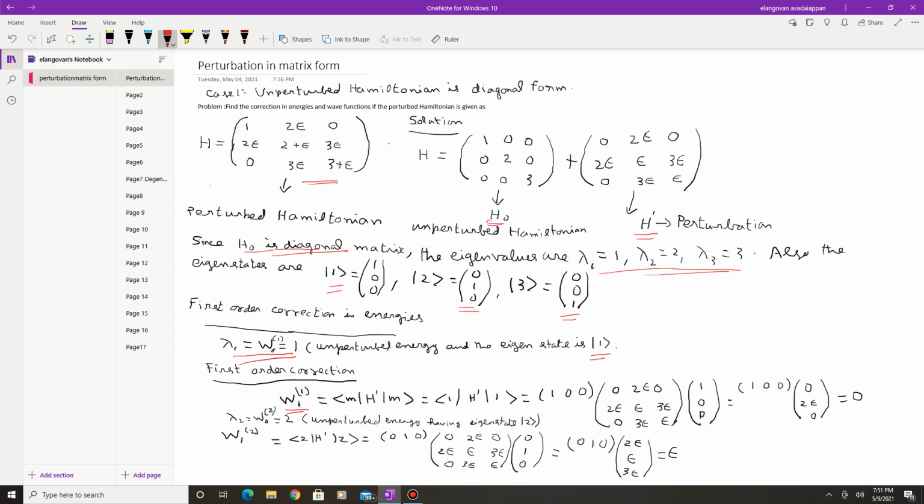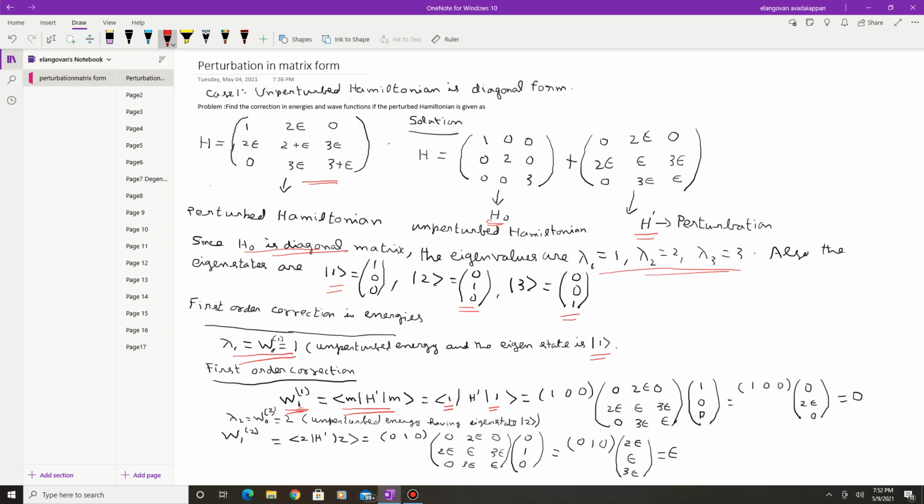This is by definition, and this is the formula that we have already evaluated: bra m H prime ket m. So H prime is between the two. Now the eigenstate is ket 1, so you evaluate bra 1 H prime ket 1.